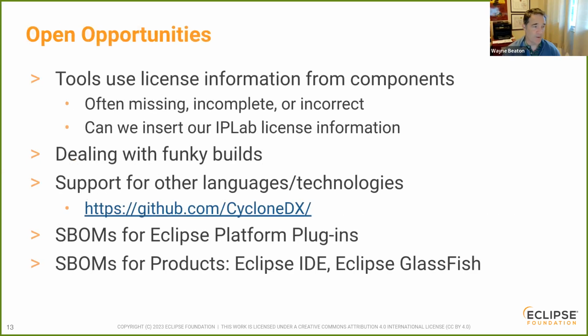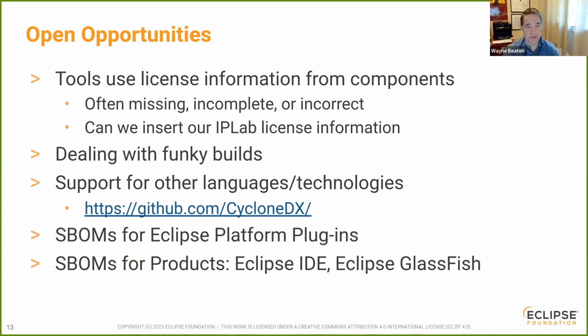We have some open opportunities. Speaking of which, tools use license information from components. These are often incomplete. So when we're pulling in third-party dependencies, content that we pull off of NPM, content that we pull off of Maven Central or other repositories doesn't necessarily have complete metadata, which means that we have an opportunity to fill in that incomplete metadata.